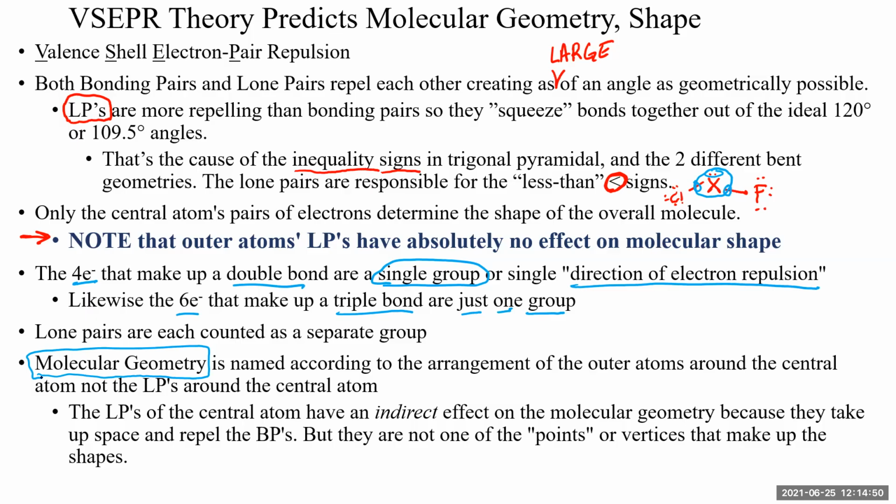They have a huge impact on shape, but their effect is indirect, and we don't name the shape after the position of the lone pairs, only atoms. The lone pairs will cause the atoms around the central atom to arrange themselves in a particular way. The resulting shape of that arrangement of atoms is how we name the shape.